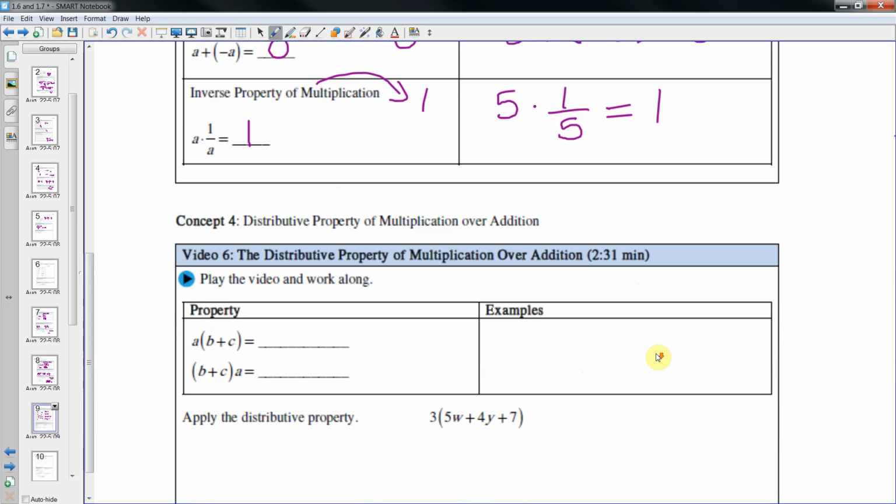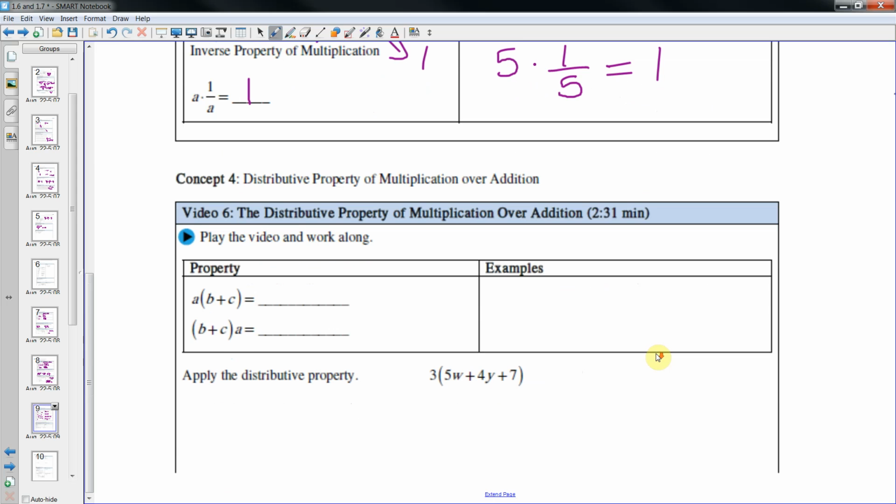Now here's the property that we use the most. And you're going to use this throughout the rest of algebra. It's called the distributive property. You use distributive property to clear parentheses.